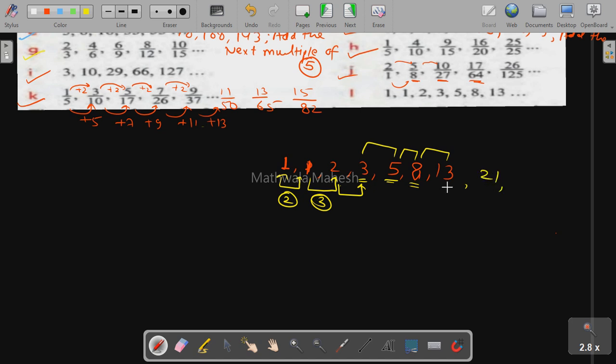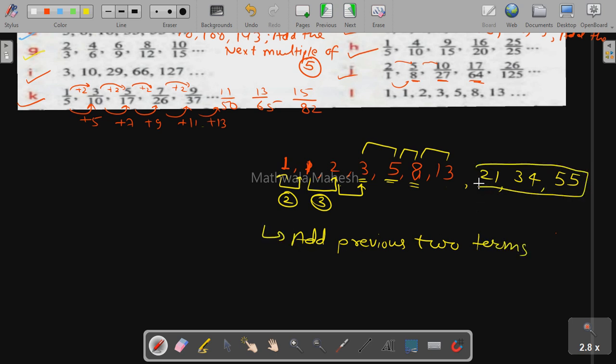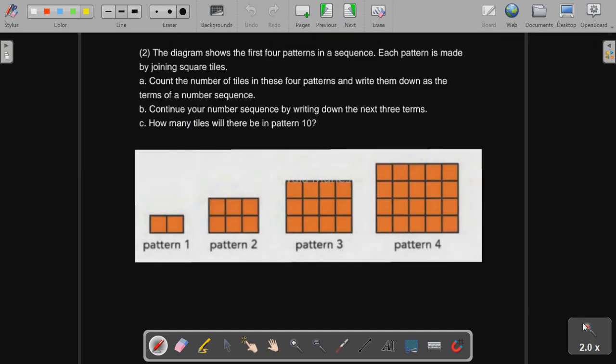And if I add 13 and 8, I will get 21. And if I add 13 and 21, I will get 34. And if I add 21 and 34, I will get 55. We add the previous two terms. This is our answer and this is the rule. Okay. Moving.